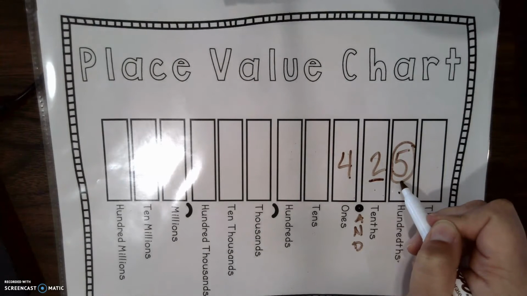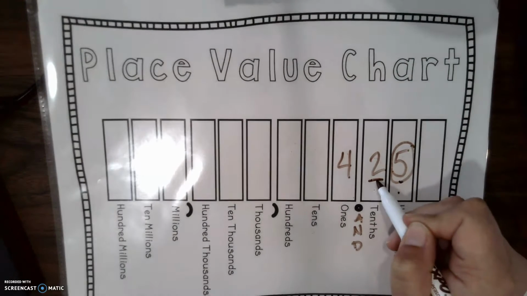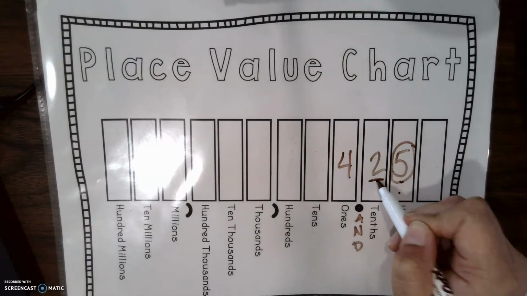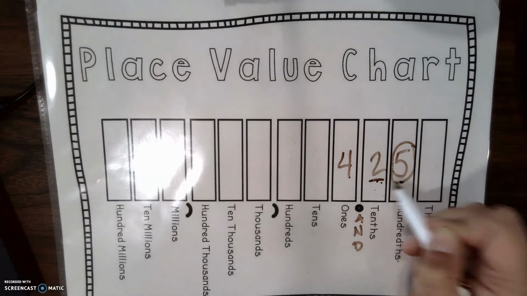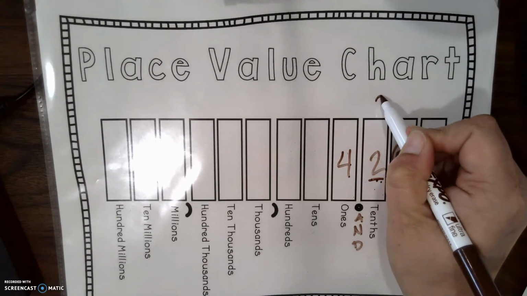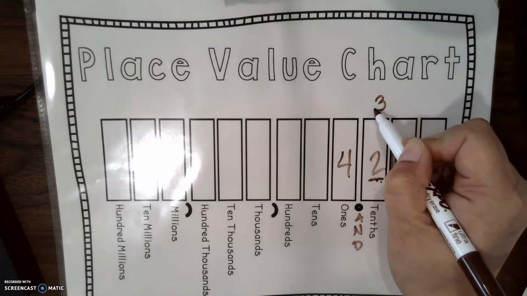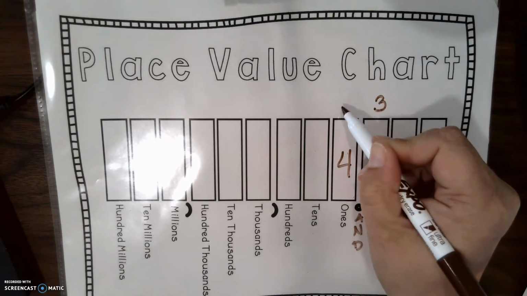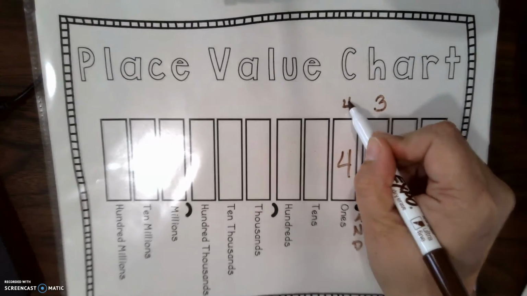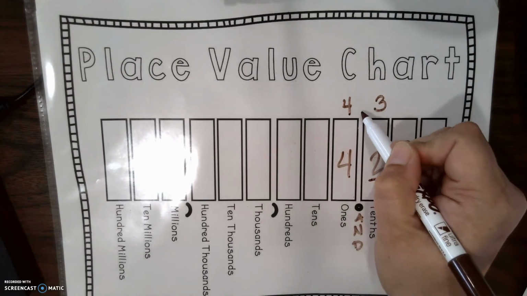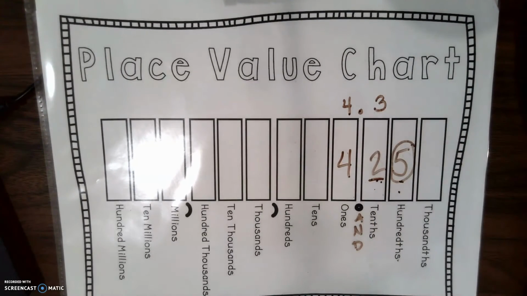So this is 5, so we raise the score of this number, so that's going to turn this into a 3. This number is going to stay the same because it's to the left of the number.